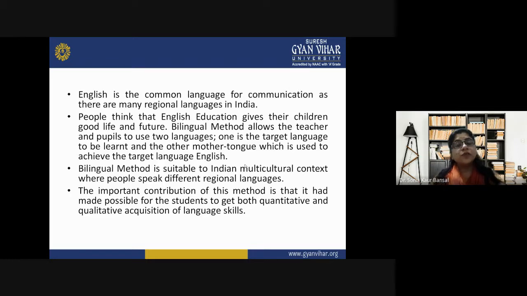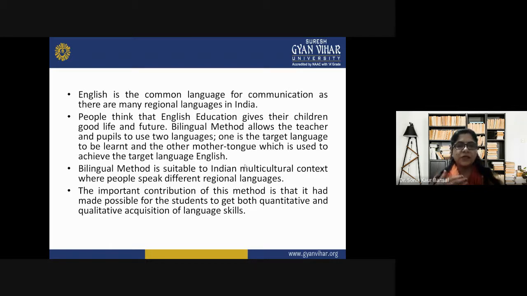But if students are not used to listening to those sounds which are being spoken by the teacher, then it becomes a little difficult, and then the sounds are introduced to the students, or the students are made to understand, with the help of mother tongue.